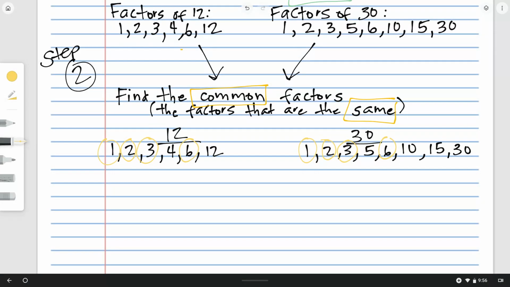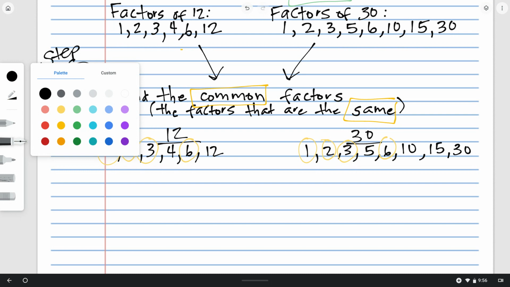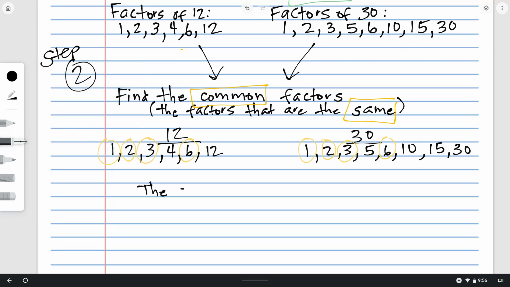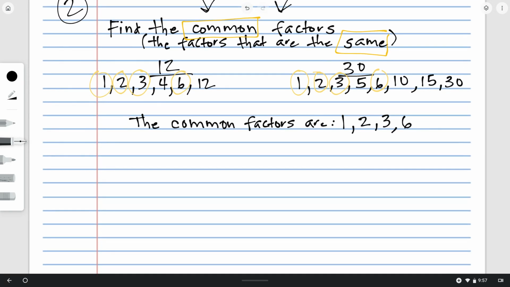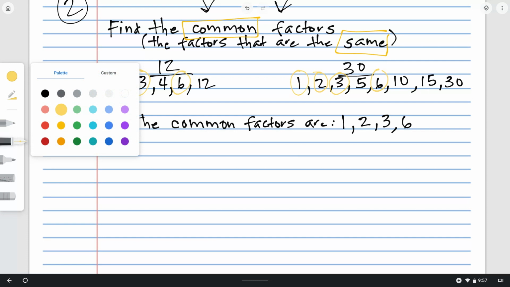So I know that the common factors are, and I can just make a list the same way. 1, 2, 3, and 6.